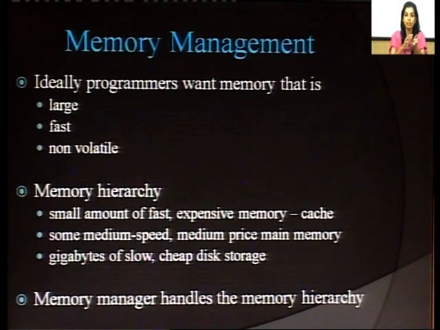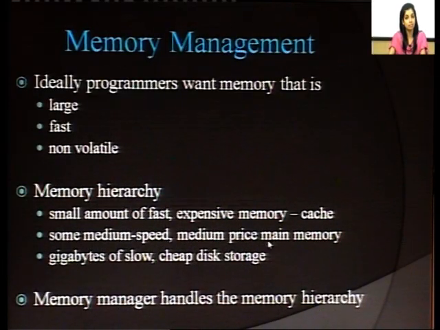In memory we have different types of memories according to their performance. For fast but expensive memory we have cache memory. Medium-speed, medium-price memory is the main memory, and slow and cheap memory is secondary storage. So there is a memory hierarchy system, and these memories are handled by the memory hierarchy.